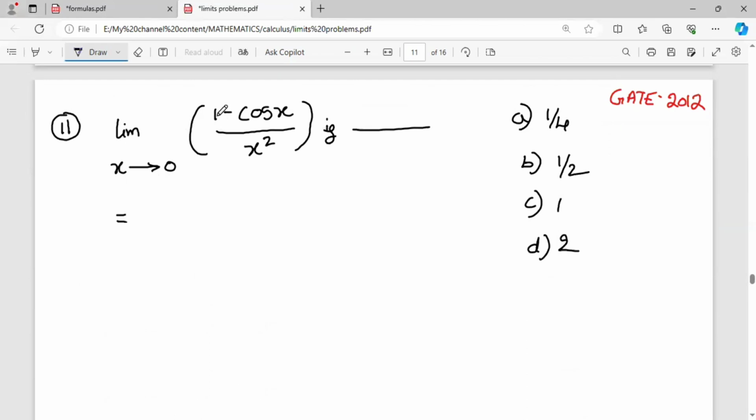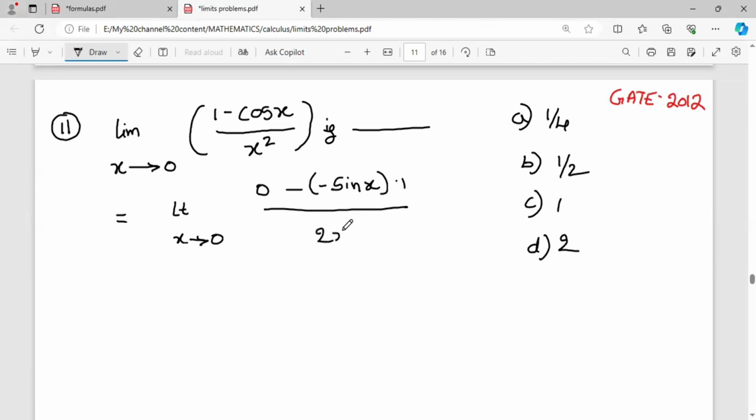For 1, differentiation is 0, minus cos x. Cos x differentiation is minus sin x. Again, x differentiation is 1, by x square.